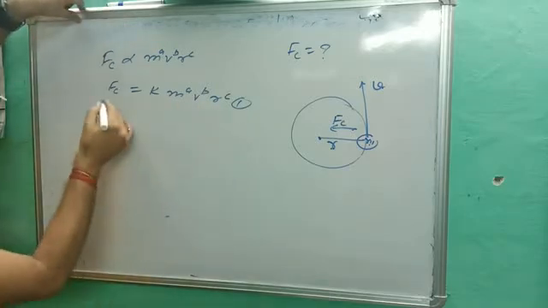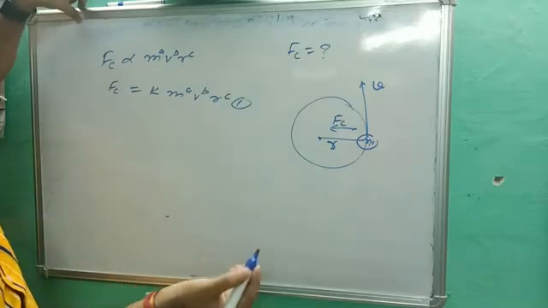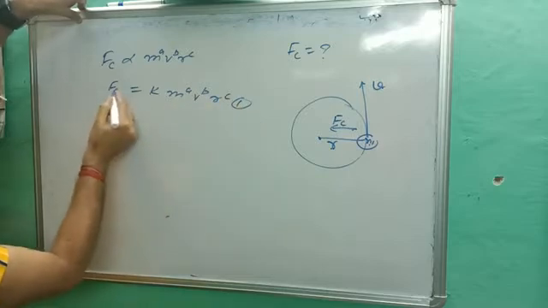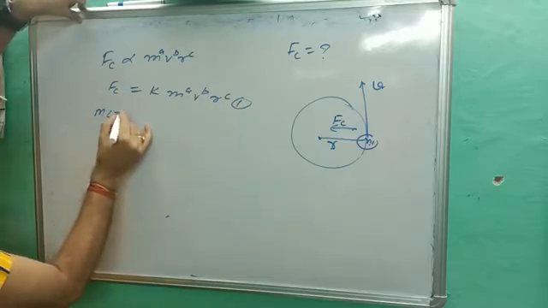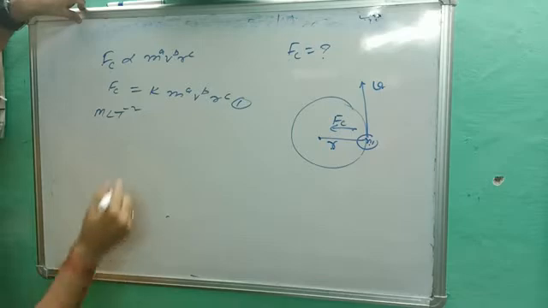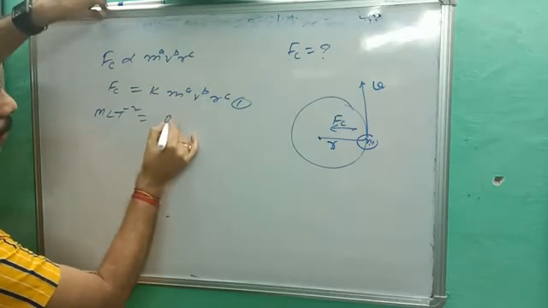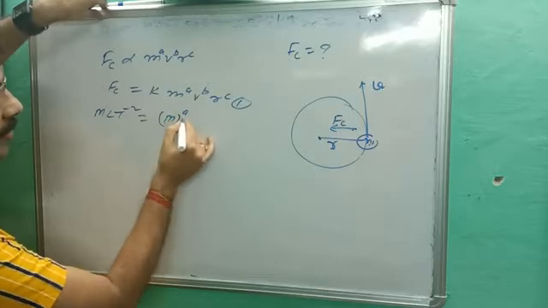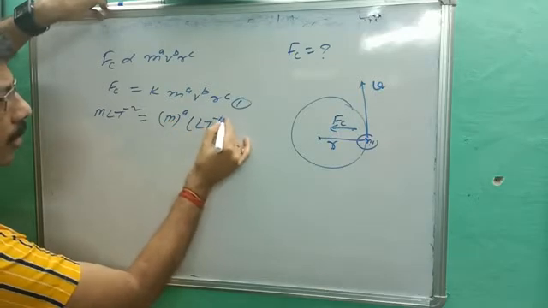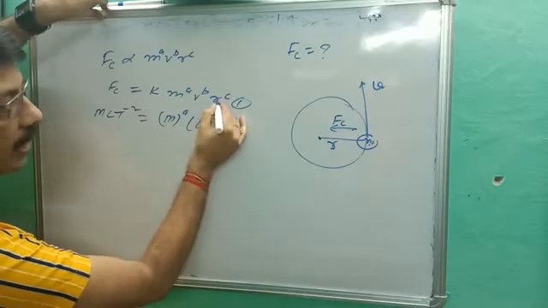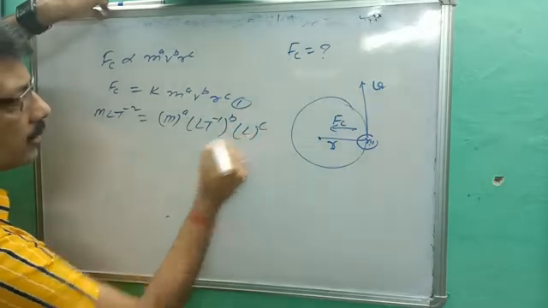Now we will write the dimensional formula, because we are studying the application of dimensional formula, for left side and right side. F for force is M L T^-2, equal to k, which is not a quantity, M^a, v for velocity, (L T^-1)^b, and r for radius, this is length, L^c.